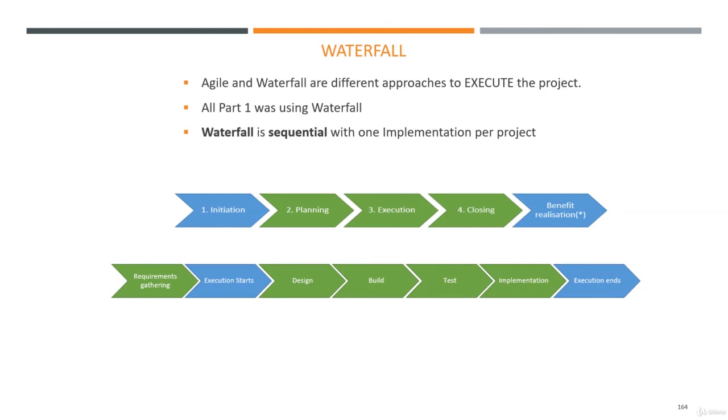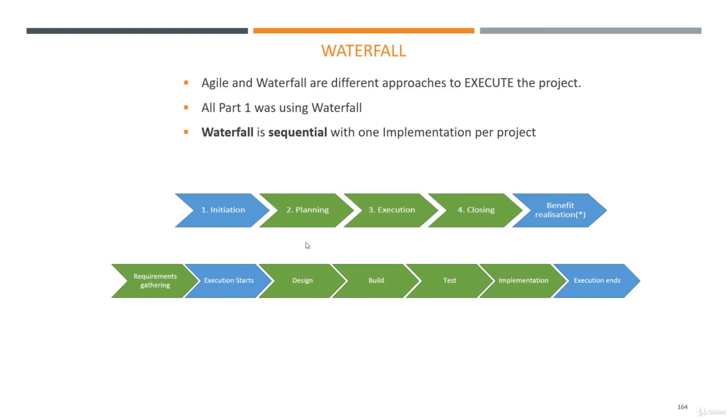We've seen that agile and waterfall are different approaches to deliver the work of the project, in other words, different approaches to execute the project, the way we have seen in part 1. In part 1 we saw that for a lot of projects, especially IT projects, the execution is quite standard.